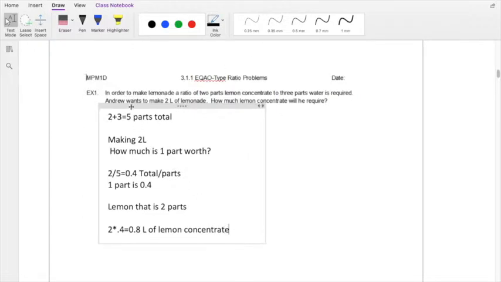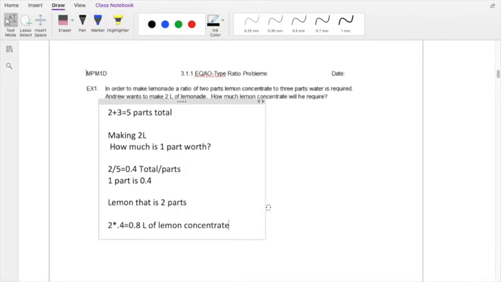So to review, we find out how many parts we have total, then we have to figure out what 1 part is worth. So we take the total that we're making, dividing it by how many parts we have total, and 1 part is 0.4 then. So we know we need 2 parts, so we multiply it by 0.4, and that gives us 0.8.